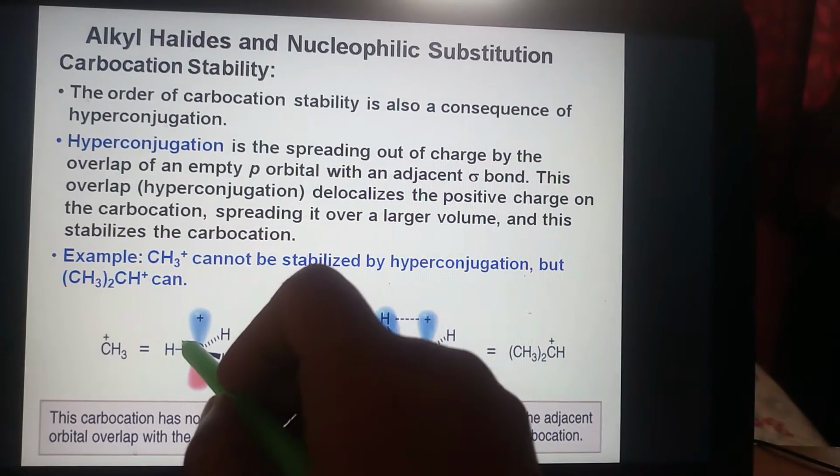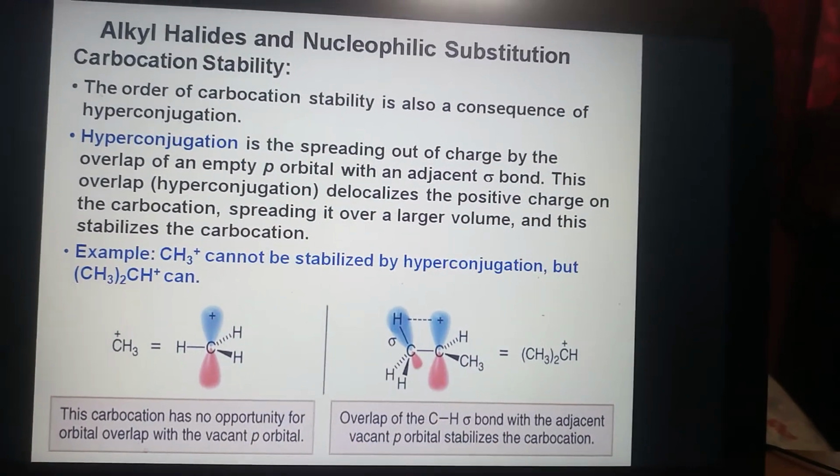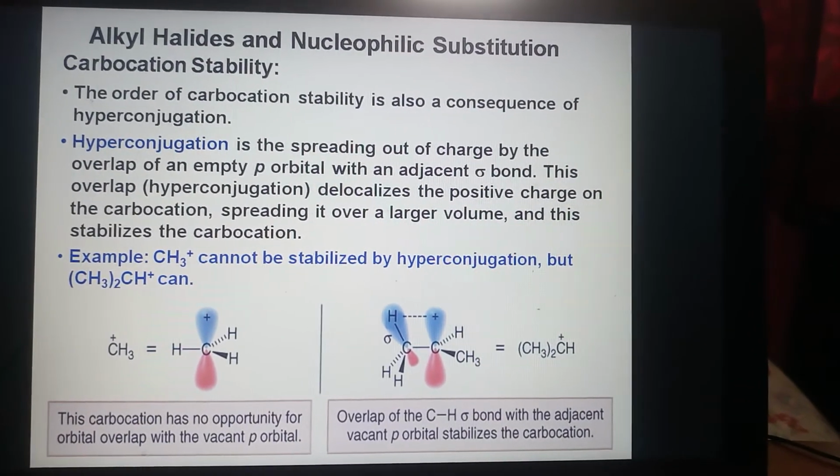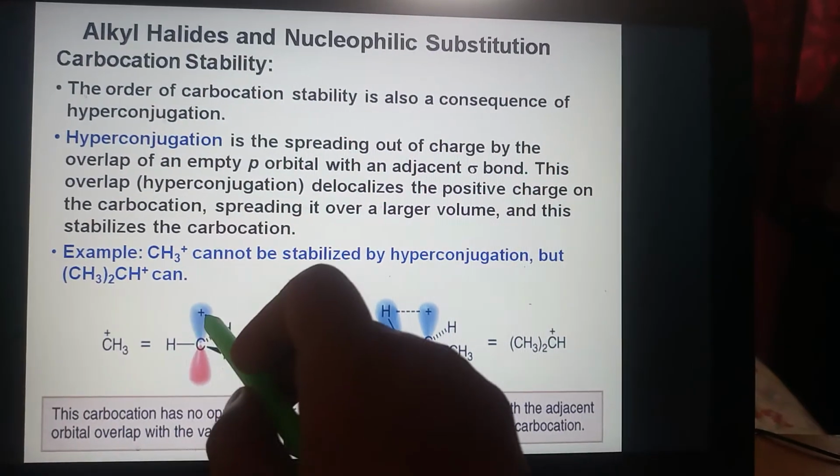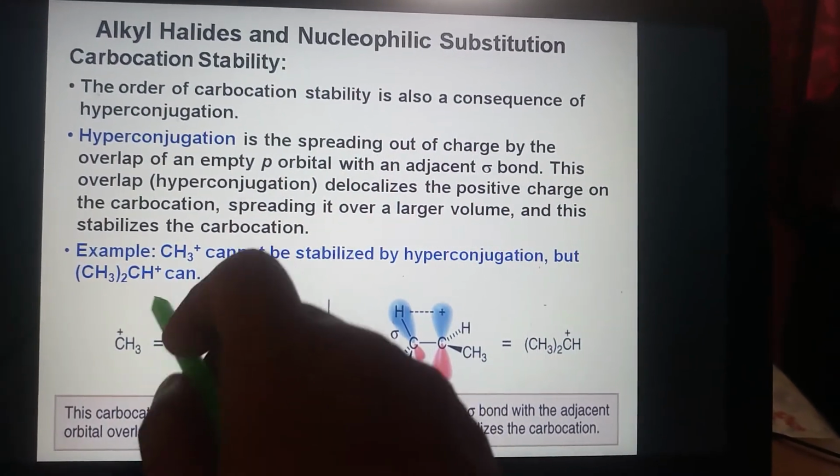For example, CH3 plus cannot be stabilized by hyperconjugation. You can see there is no C-H bond or C-C bond.